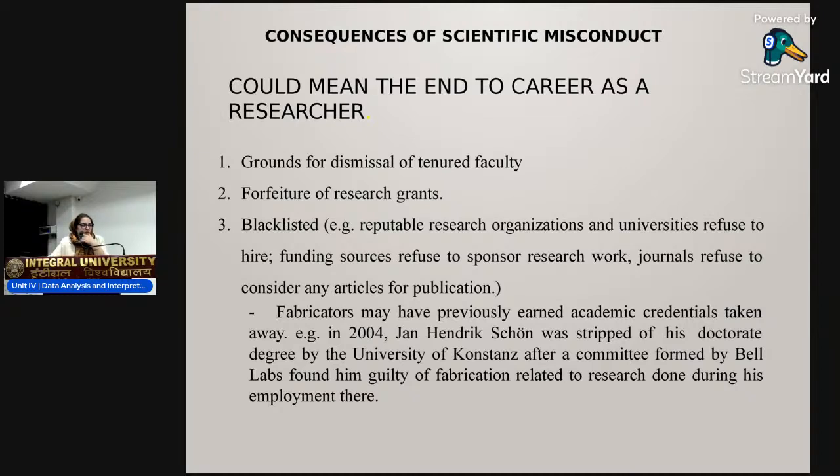And maybe like the PI, I had given you an example yesterday that it is a shortcut to end your career.